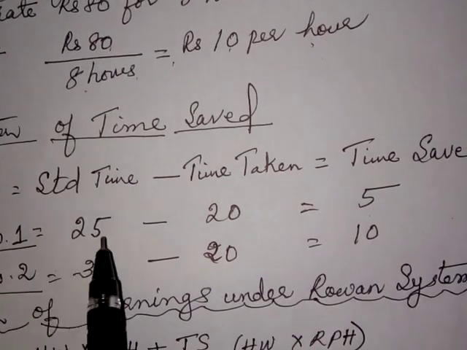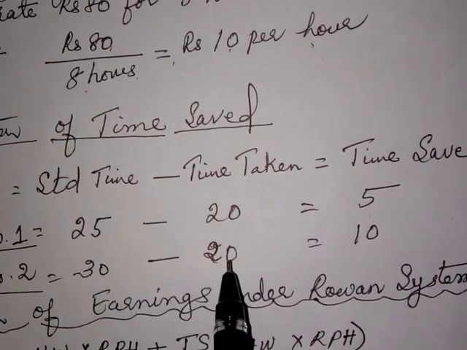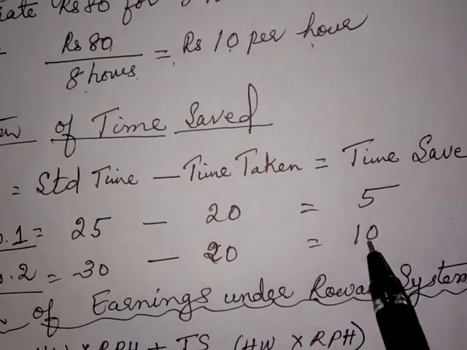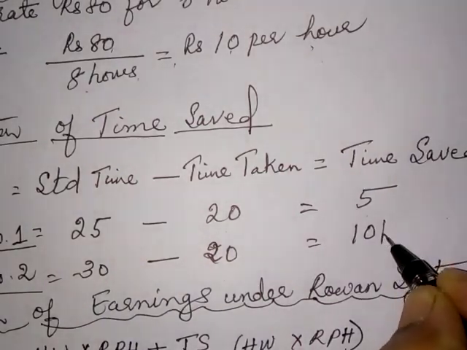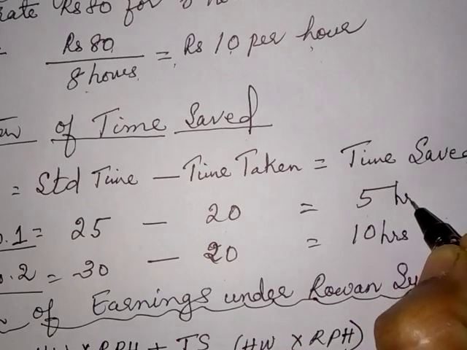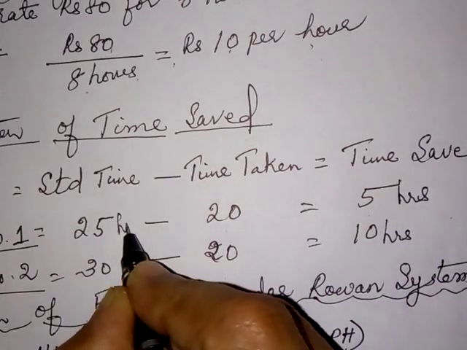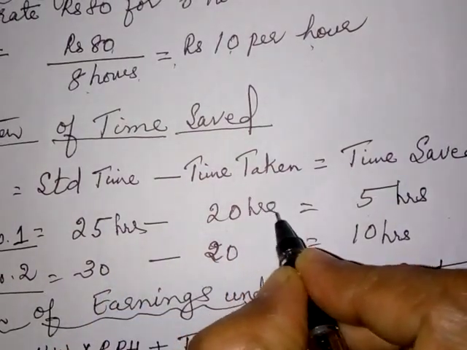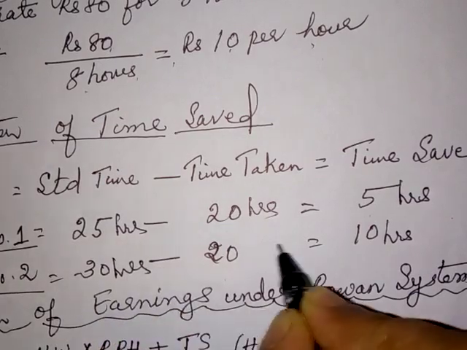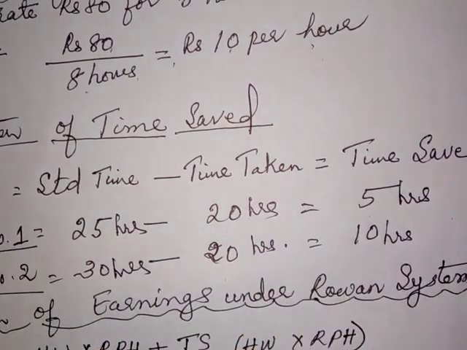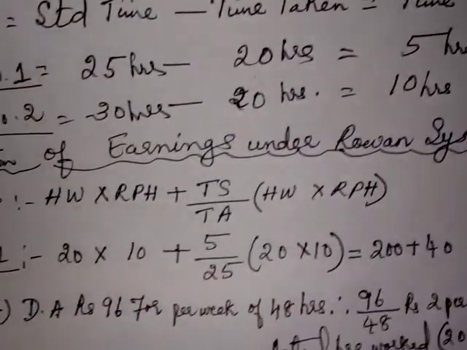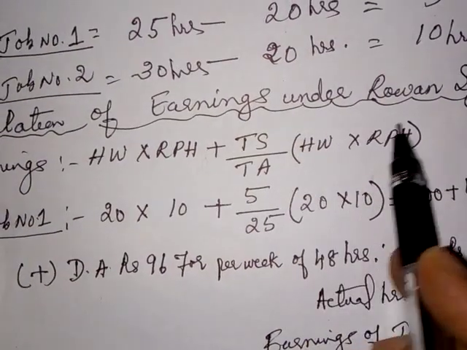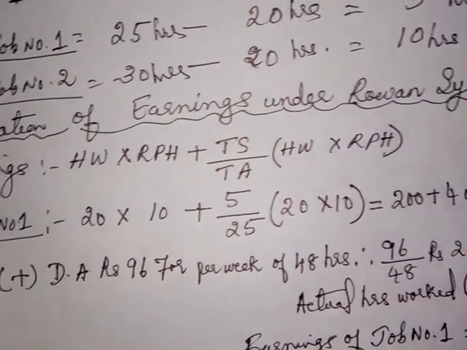Job number 2, standard time is 30 hours, time taken is 20 hours and the time saved is 10 hours. So with this information we can calculate earnings under Rowan system.